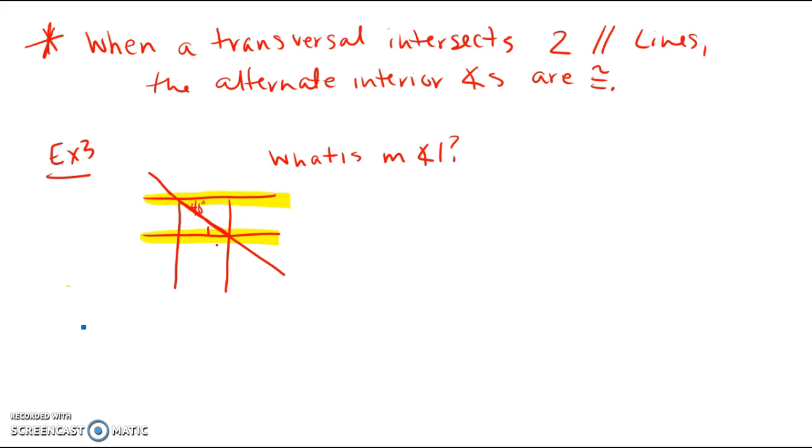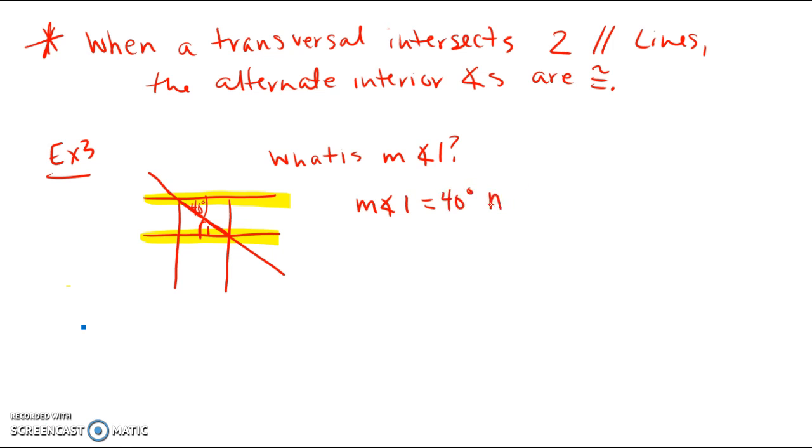I'm looking at these two angles. I ask myself, are they on the same side of the transversal? The answer is no. So then that means they can't be corresponding. And then are they inside my parallel lines? And the answer to that is yes. Angle 1 and the 40 degree angle are on opposite sides of the transversal, but they are both inside my parallel lines. So that makes them alternate interior angles, which means that the measure of angle 1 is equal to my 40 degrees.